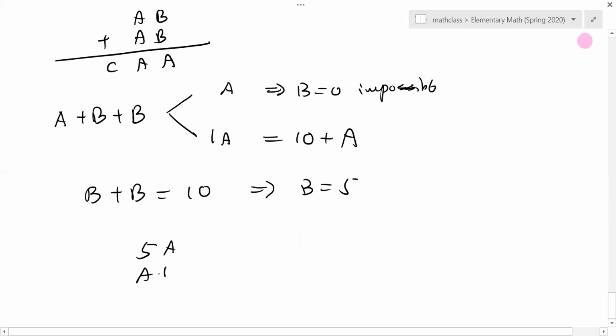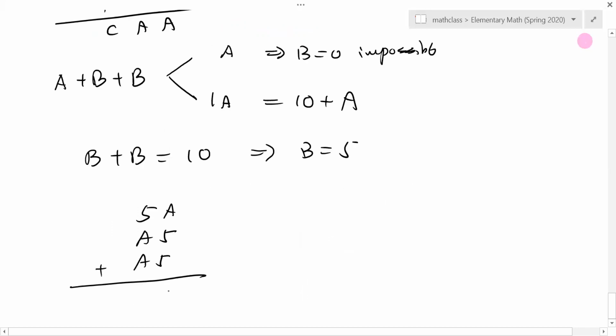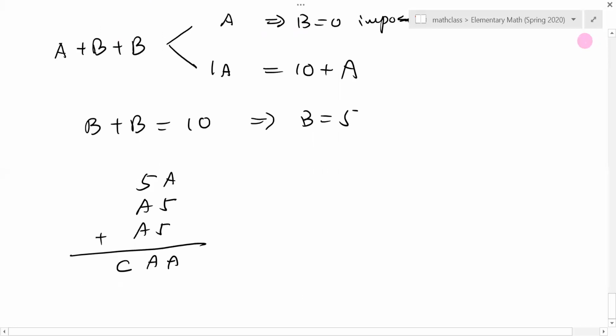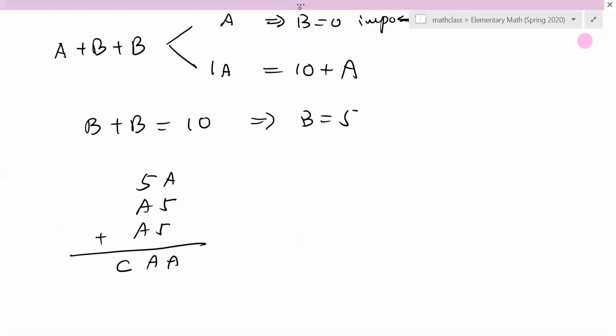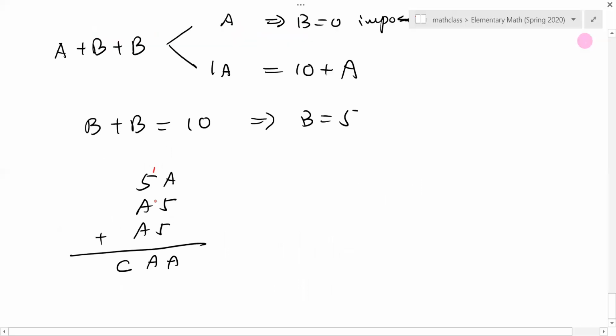A, A, A. I'm supposed to get A and the C. So how can I do that? Look at the second column. What do we get?